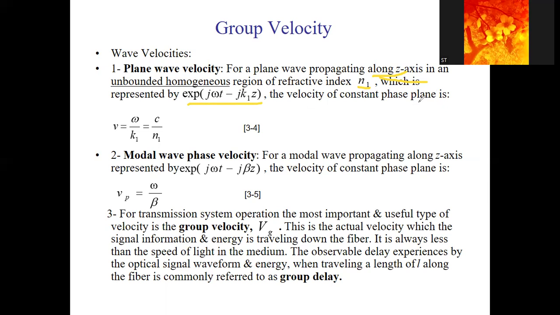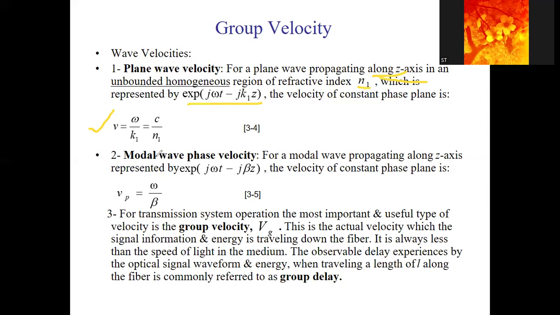Then the velocity of a constant phase plane is given by v equal to omega by k1, which is equal to c by n1. Here n1 is the refractive index and omega indicates the frequency component. So this is the plane wave velocity.